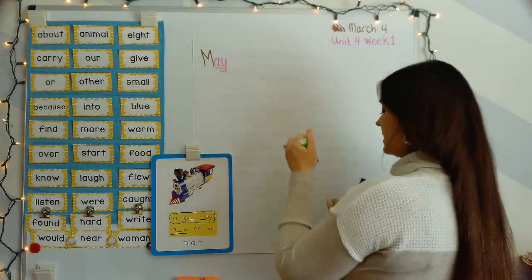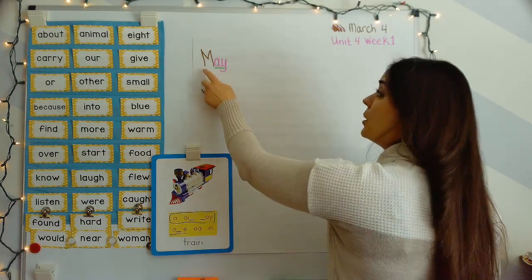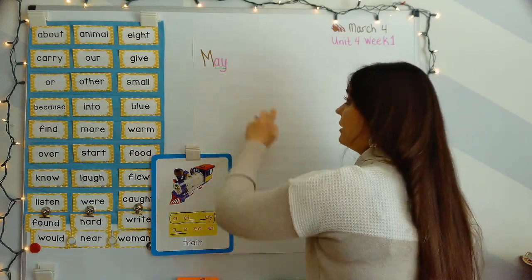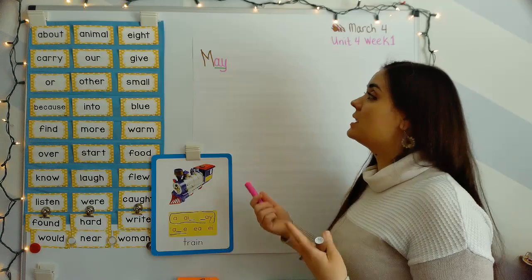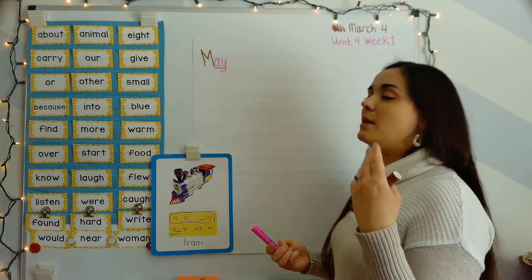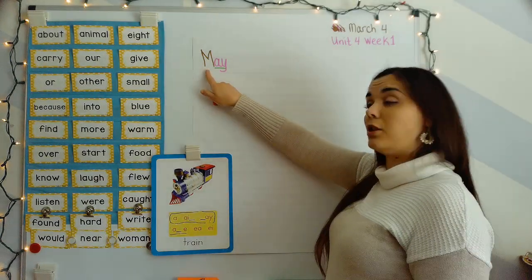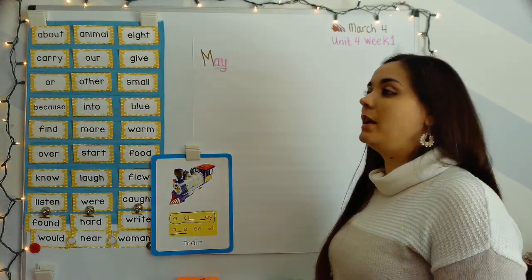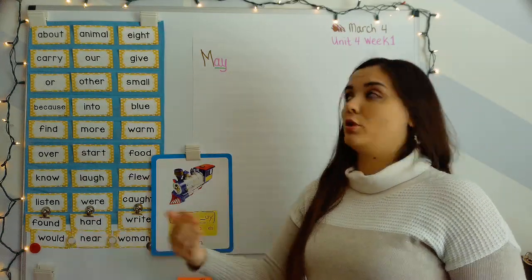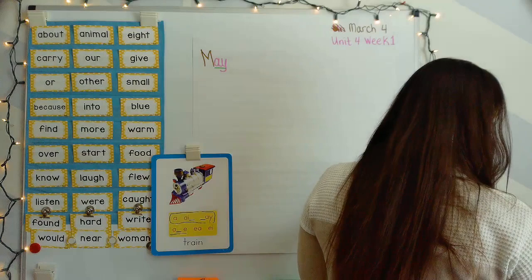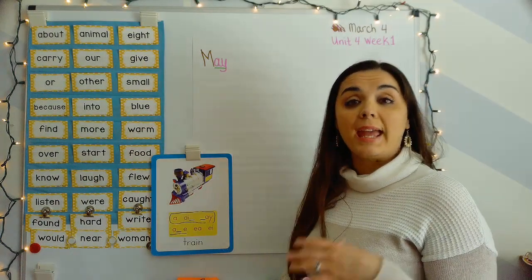Remember, they work together to say that long A sound. A, may. So with a capital M, this word may means the month of May. If it were a lowercase m, this word would mean like, may I use the restroom?